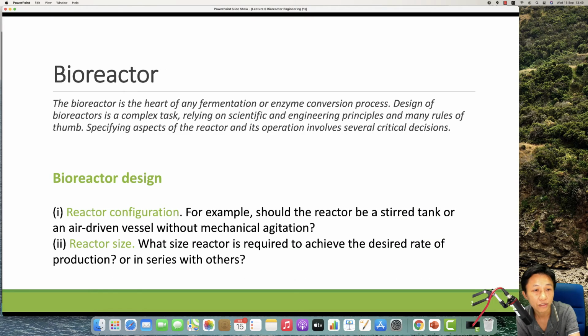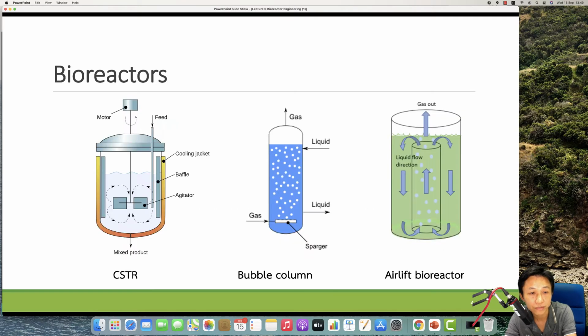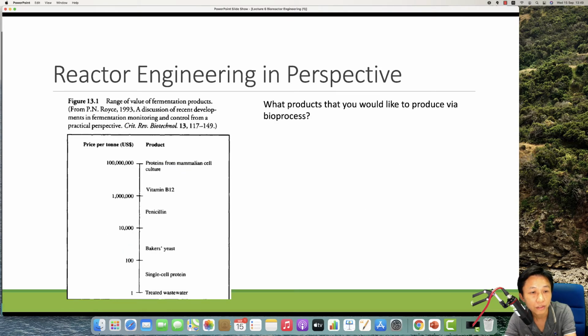This is how we consider when we decide on a reactor. And as I mentioned about rules of thumb before, we can use several handbooks to identify the dimensions. But after we decide, we need to consider the real application, the practical aspects as well.